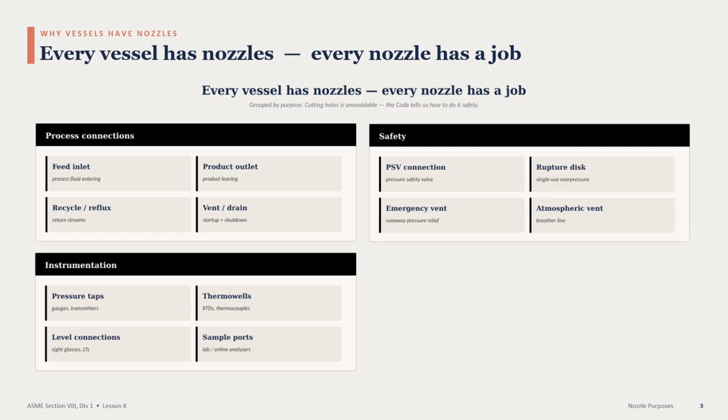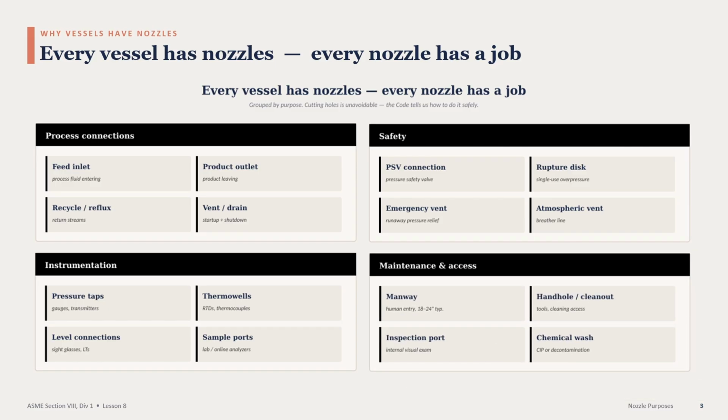Pressure taps for gauges and transmitters. Thermowells for RTDs and thermocouples. Level connections for sight glasses and level transmitters. Sample ports for lab or online analyzer. These are how we know what's happening inside the vessel.